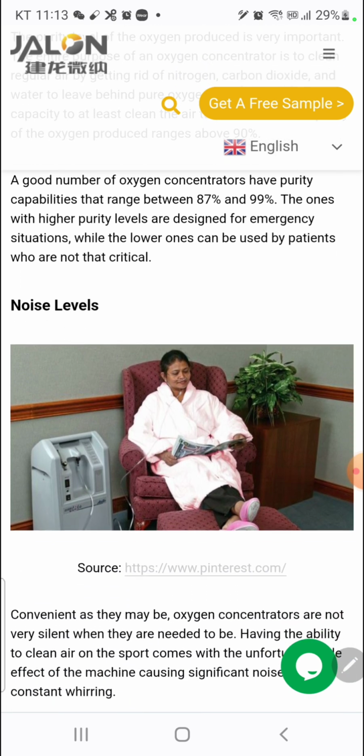A good number of oxygen concentrators have purity capabilities that range between 87% and 99%. The ones with higher purity levels are designed for emergency situations, while the lower ones can be used by patients who are not that critical.